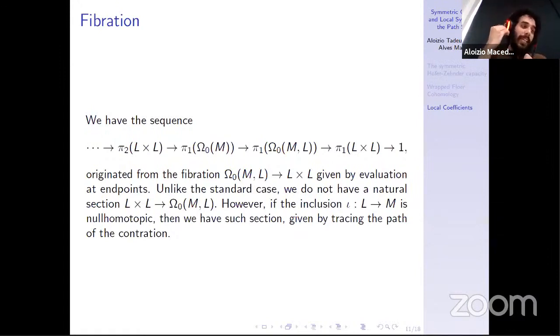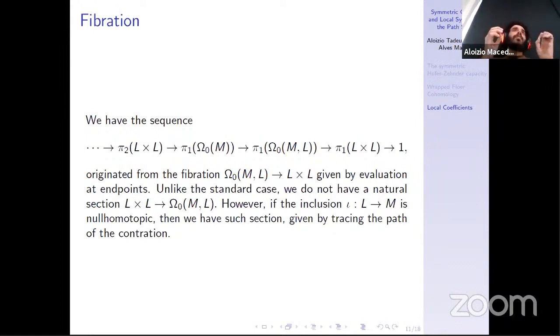We can embed M in the free loop space by taking points to the constant paths. This provides a section for us in the long exact sequence, which helps put some more structure, required for a meaningful discussion to happen. Here we don't have this fibration section. What is this section intuitively?